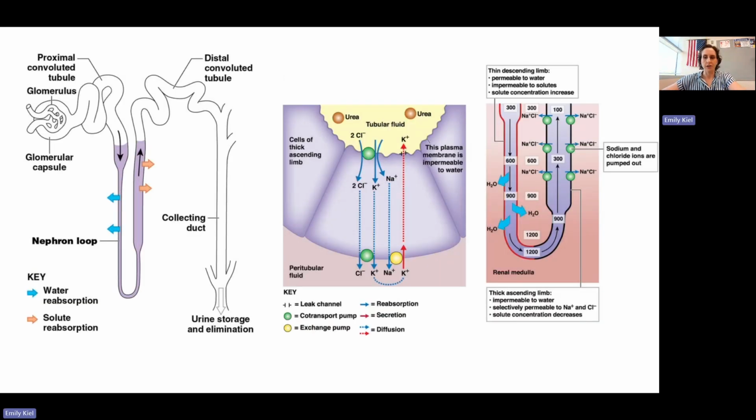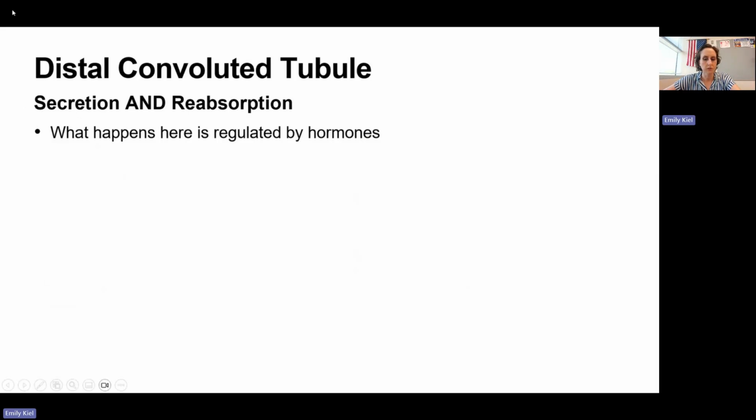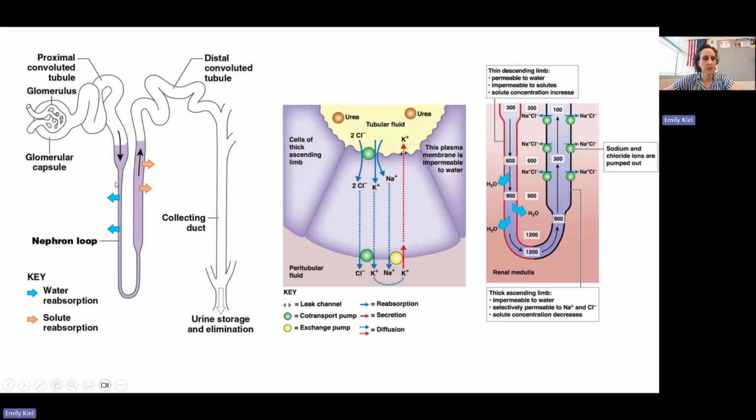So here we are at our nephron loop. What we're seeing is as we move down the descending thin loop, we are having water reabsorbed. It's moving from an area with a low concentration to an area with a high concentration. And then as we come to this ascending thick loop, we are actively transporting out solutes.